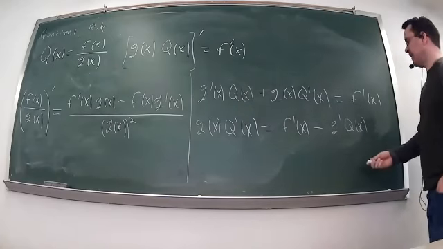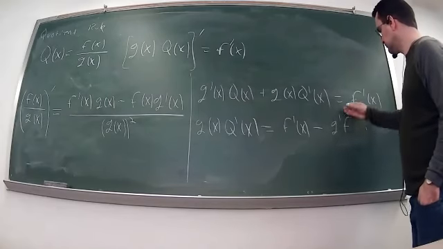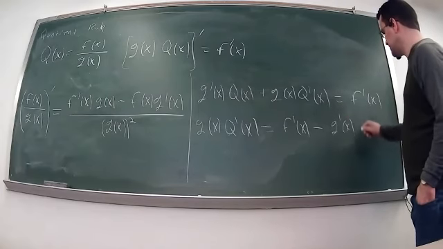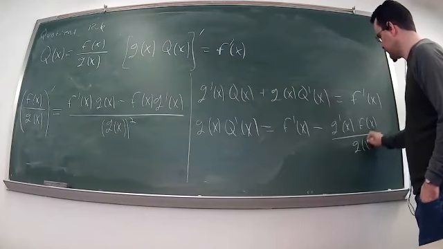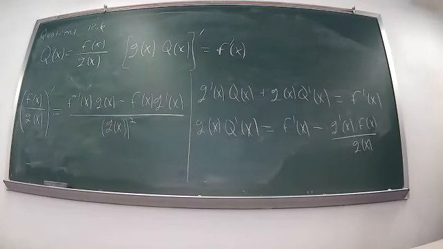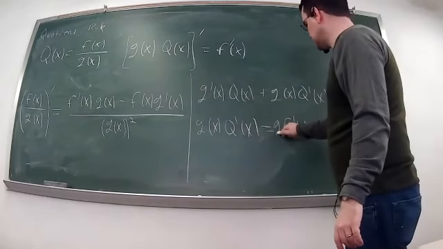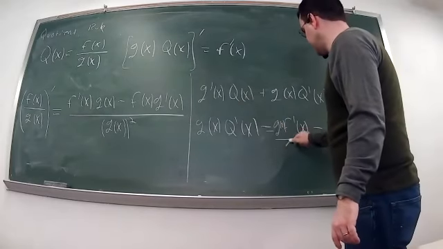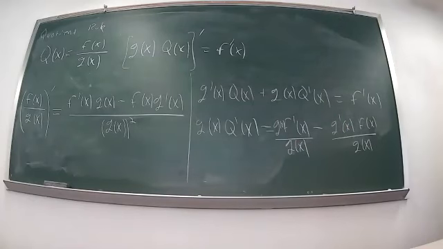But remember, q of x was f over g. So g prime of x times q of x is g prime times f of x over g of x. And let's use that common denominator, g of x divided by g of x. So now you see all the pieces coming together.